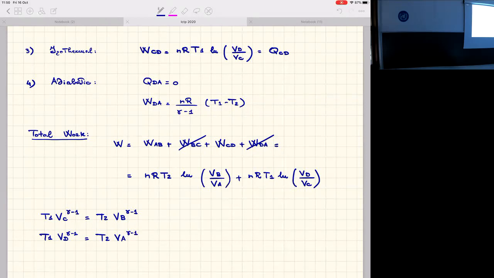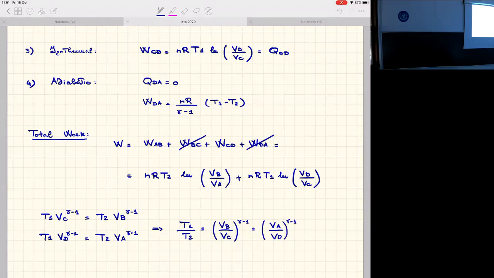This implies that T1 over T2 is equal to VB over VC to the power gamma minus 1, equal to VA over VD to the power gamma minus 1.